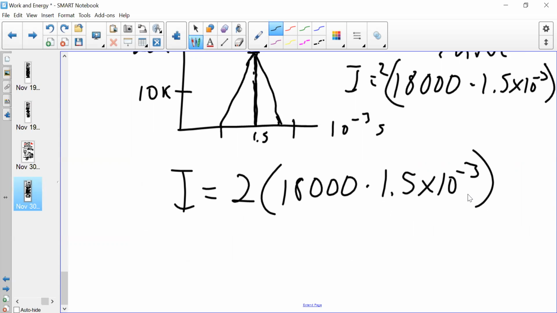Mr. Kelly, is it times 2 or divided by 2? No, it's multiplied because it's impulse, force times time. I divided it. You divided it and got 13.5?